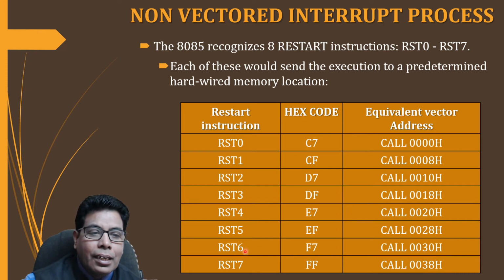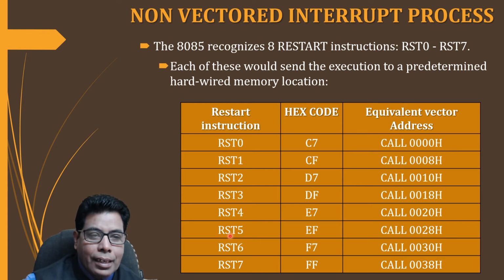For RST6, if you multiply by 8, you will get 48, and in hexadecimal 48 is equivalent to 0030. And lastly RST7, the address is 0038. These are the hexadecimal codes for these instructions, which are to be used for generating a particular address.